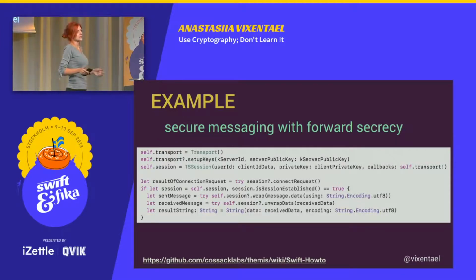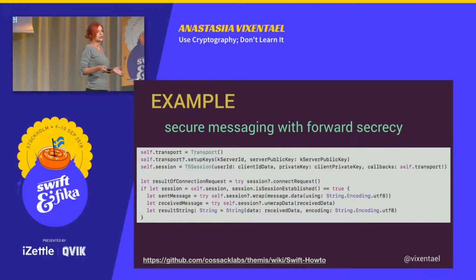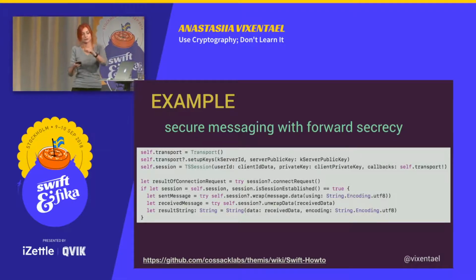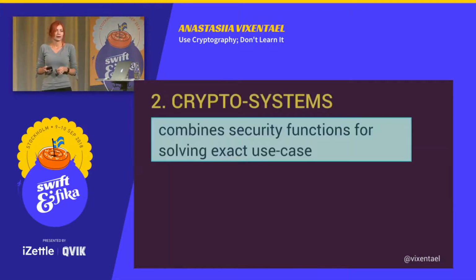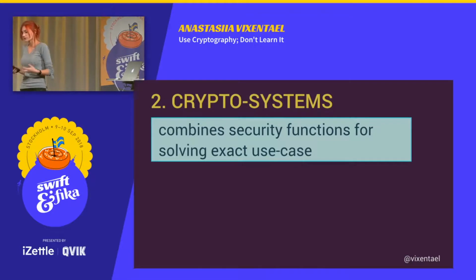All you need to do, just set up a secure session, wait until it's established, and push any data you have there. That's all. It's encrypted, it's safe, only 8 lines of code. Does it look boring? Yeah, more boring than building it yourself from Common Crypto primitives. This was about crypto libraries.